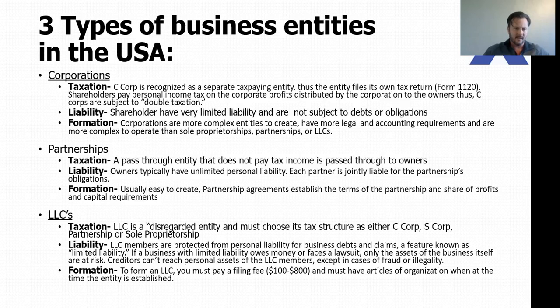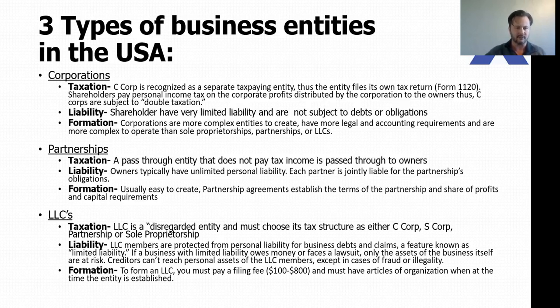And then the next level is a partnership. That's essentially any two individuals who are engaged in a for-profit endeavor is a partnership in the US. That's the general definition. It's taxed as a pass-through entity, meaning that it doesn't itself pay taxes.